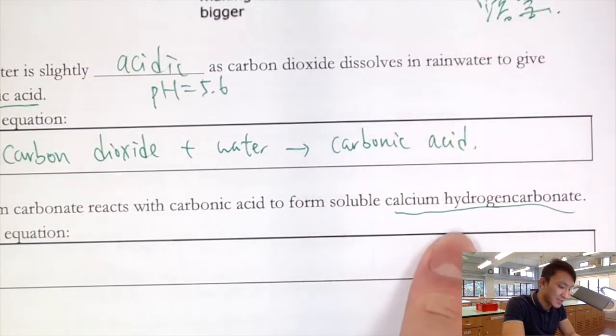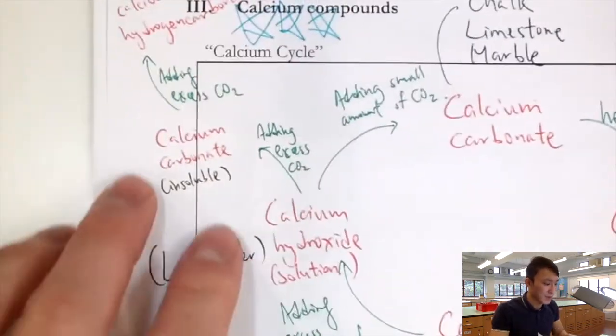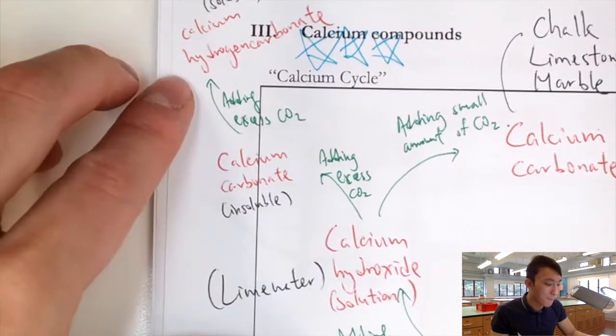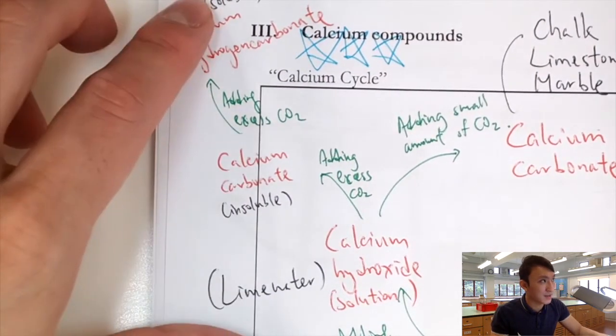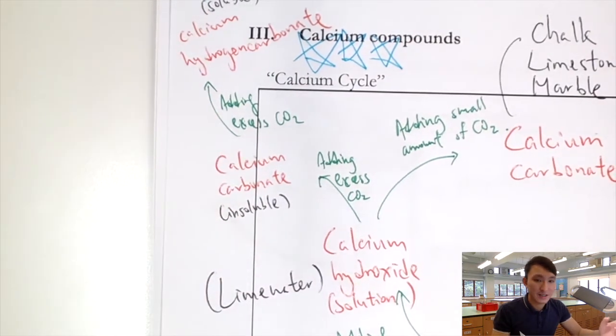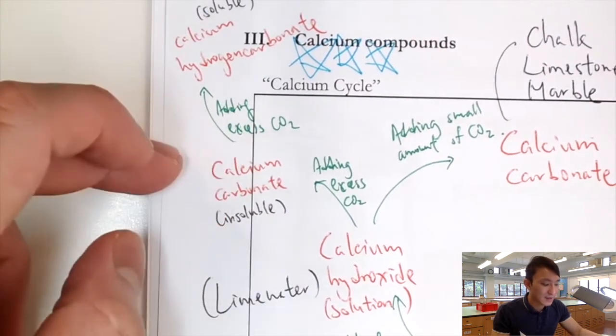If you remember the calcium cycle, calcium carbonate is insoluble, but calcium hydrogen carbonate is soluble in water. So that's why the rainwater containing carbonic acid can speed up the weathering and erosion.